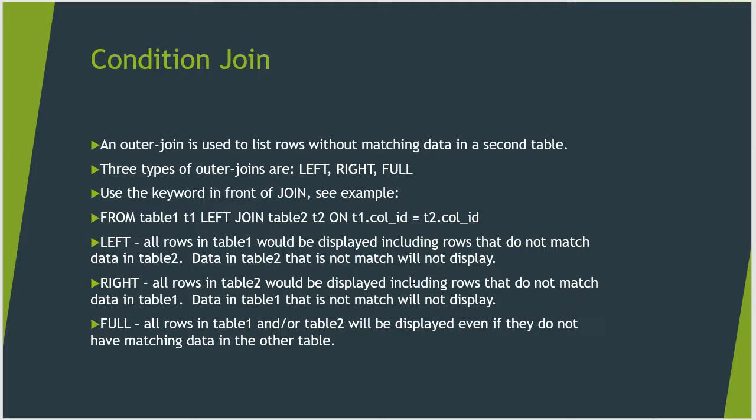So as you see in this example, from table 1, left join table 2 on the primary and foreign key columns. That example would show every row from table 1, even if it did not have a matching value in table 2. It would not show you all of the rows in table 2 if they did not match to table 1.